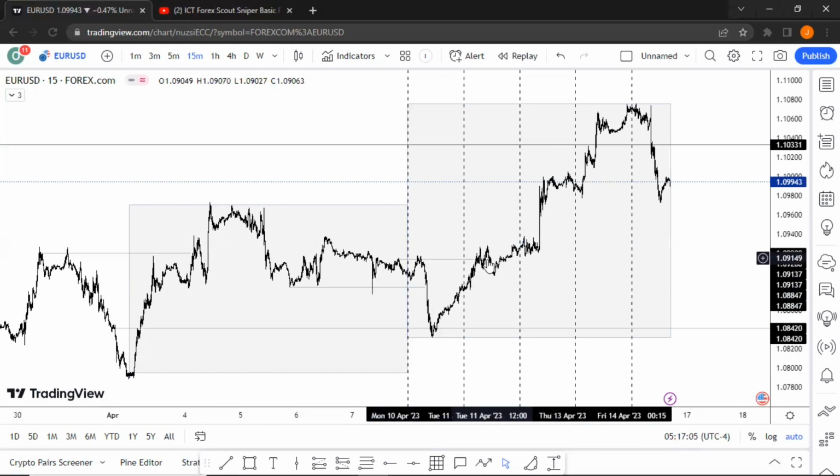So right here, you see how we moved from each day. We had Monday, a Judah swing, Tuesday, expansion, pullback, consolidation. Wednesday had the most expansion, but we took out this high right here. Thursday, we pulled back, went higher, traded higher, expanded. Then Friday, because we ran stops, we now have the high of the week there.